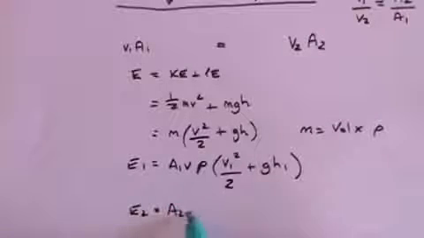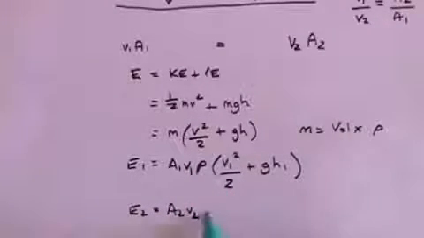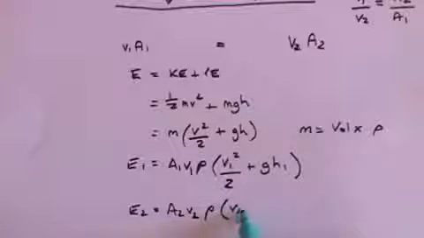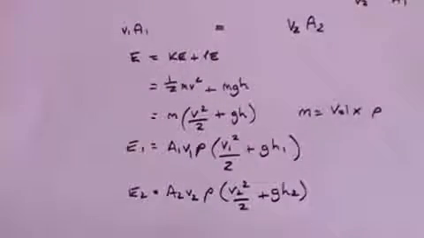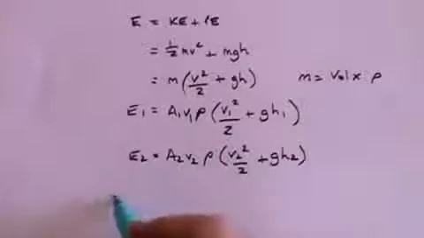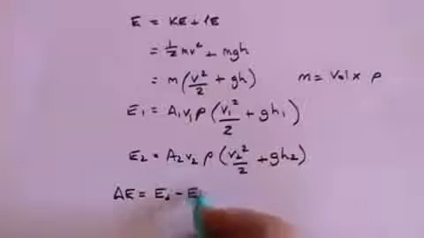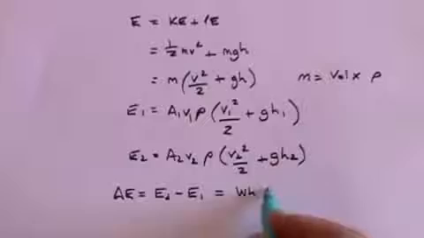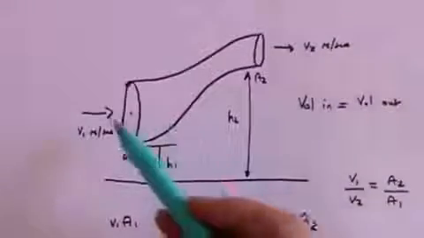So this is A2 times v2, incidentally that should be v1 of course, times the density, since it's the same fluid the density remains the same, into v2 squared over 2 plus gh2, where h2 is now this height. And the difference in energy, which we will call delta E, which equals E2 minus E1, is the work done to get that fluid to go uphill.